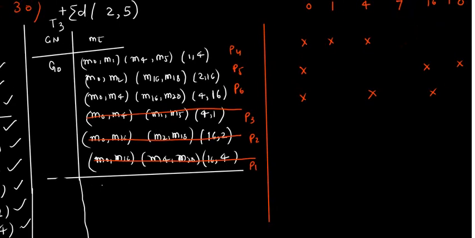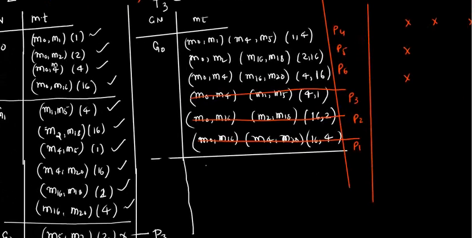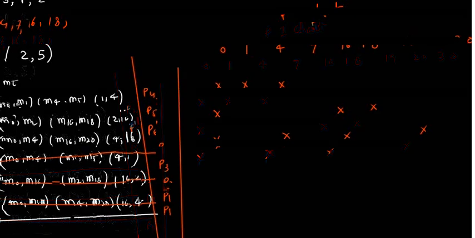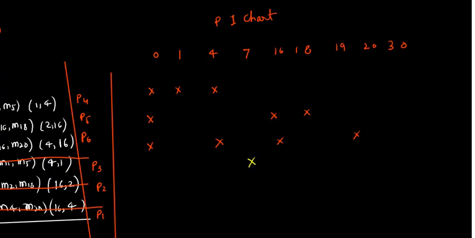P3 is M5, M7. 5 was a don't care, I think, so we have to see only 7. So P3 is 7, P2 is 30, and P1 covers 19, only 19.